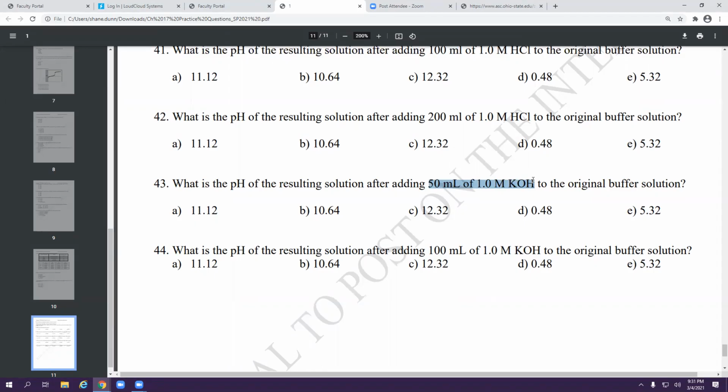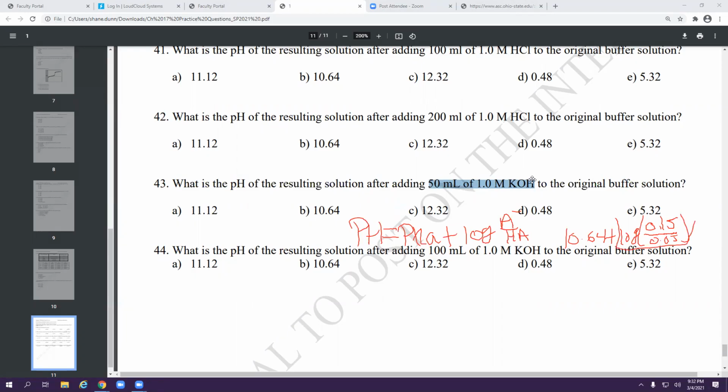Which means I'm gonna have a buffer left over, which means you're gonna use pH equals pKa plus the log of A minus over HA. pKa is 10.64 plus the log, if you do the math, 0.15 over 0.05.